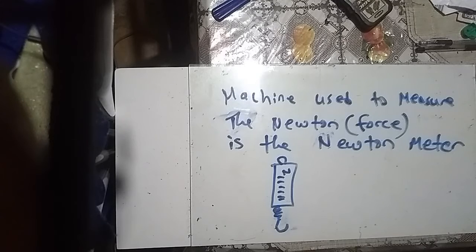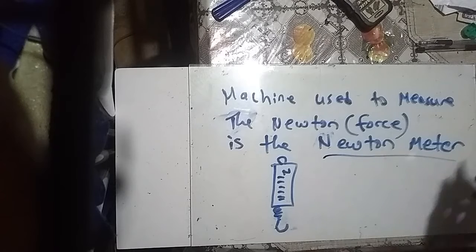So whenever we go into the lab and do a CXC lab based on the moment of a force, and we'll be doing an experiment, the instrument we'll be using to measure the force being applied from a certain perpendicular distance, so that we can find the moments, is called the Newton meter. The Newton what? Newton meter. Just like it is the same name as the unit of moments. Okay, it's the Newton meter.